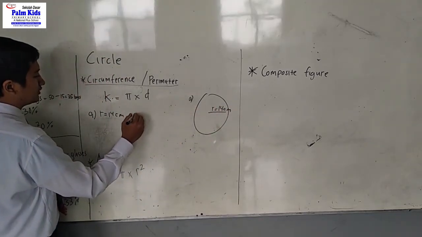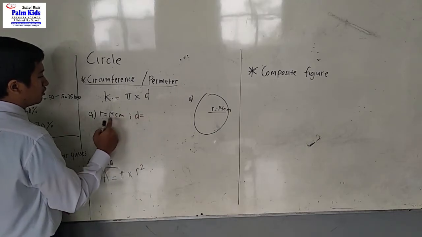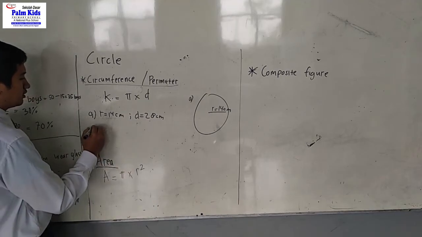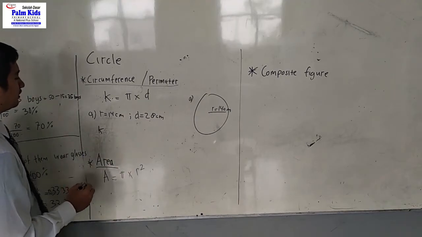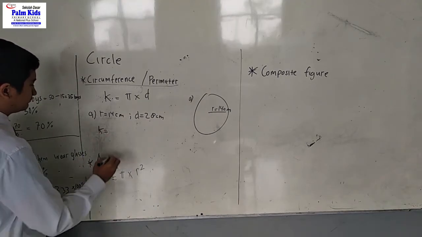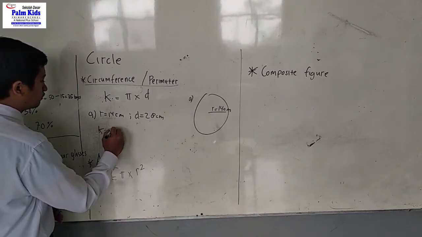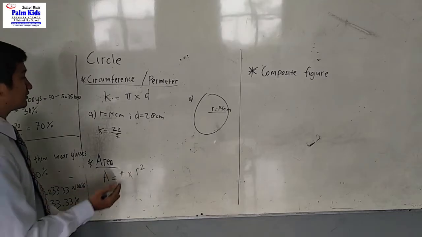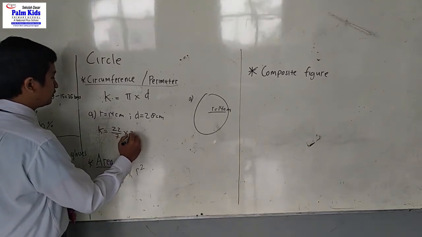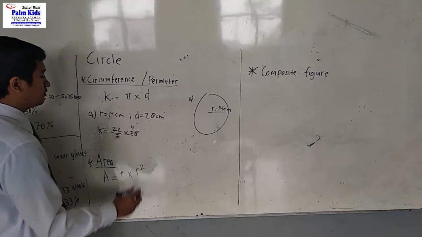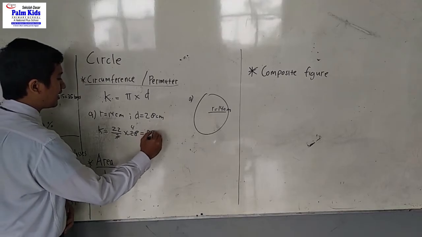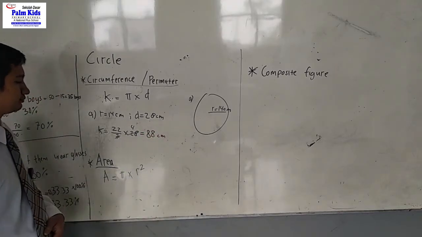And then you also write the diameter equals 14 multiplied by 2, which is 28 centimeters. So the circumference equals 22 over 7, because 28 is a multiple of 7, multiplied by 28. This becomes 22 multiplied by 4, which is 88 centimeters.